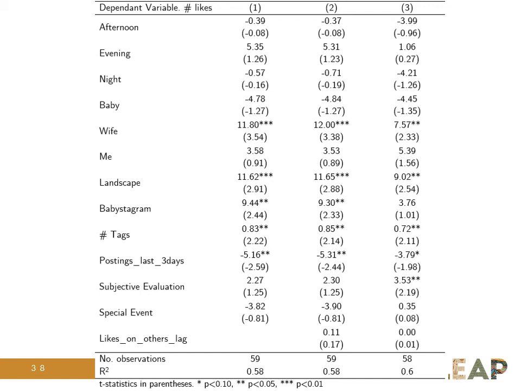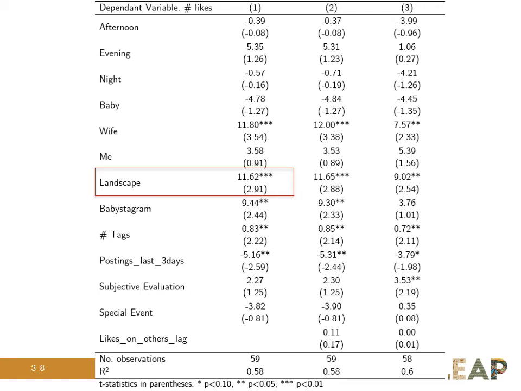So that's not very difficult, right? That's the way we use the numbers here to prove our hypothesis. Adding to that, I can say more about the variables and the number of likes that I get. The first thing is landscape. I think the landscape was very important. You see the coefficient on the variable landscape is positive and significant.